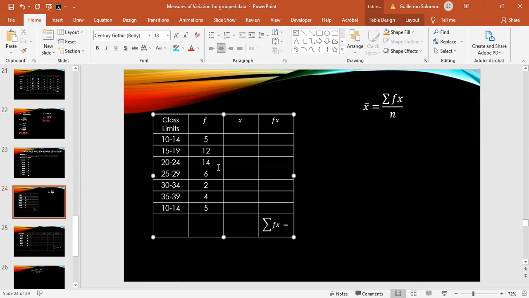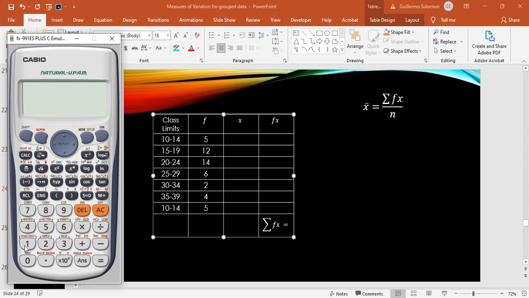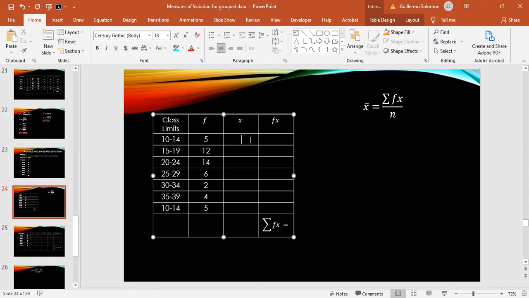So, 10 plus 14 divided by 2, that is 12.